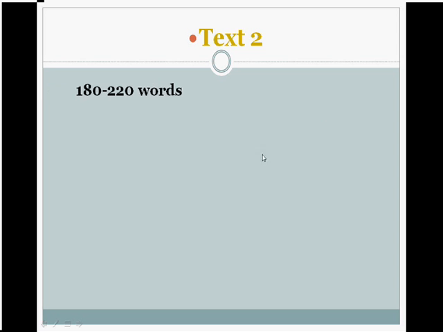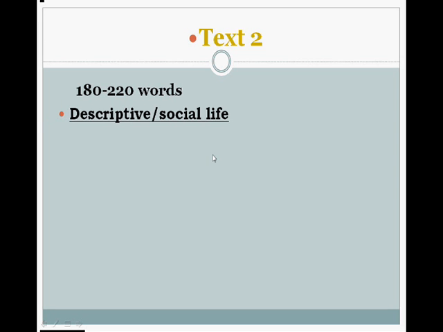Okay, let's look at the second type of reading passage. Text 2. It is 180 words to 220 words. Okay, don't worry about the length, it's not so long. It is descriptive and it deals with social life, and descriptive means it is describing things.